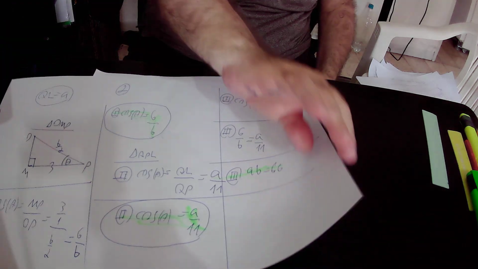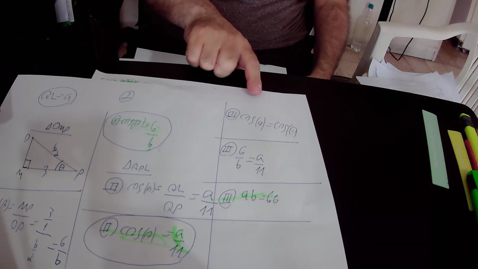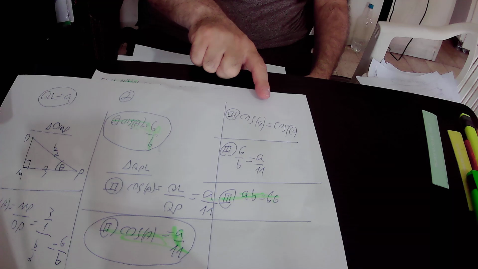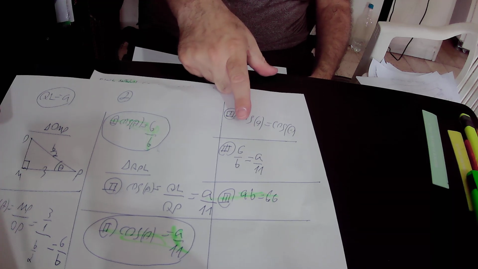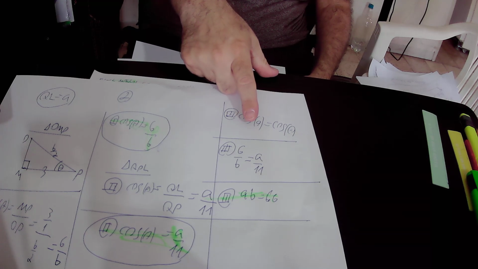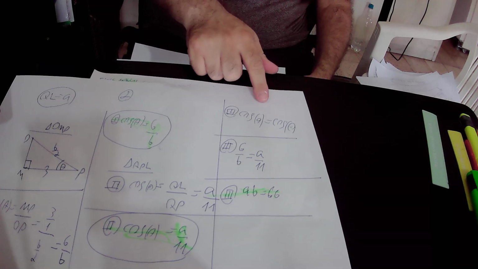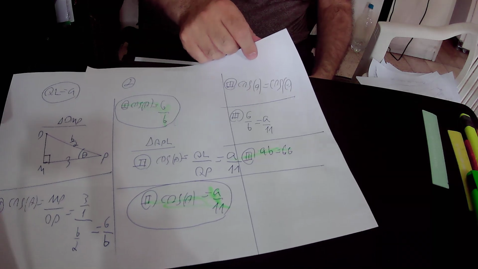So this is equation number 3. Multiplying out equation number 3, we found out that the area of rectangle ABCD equals 66 square units.